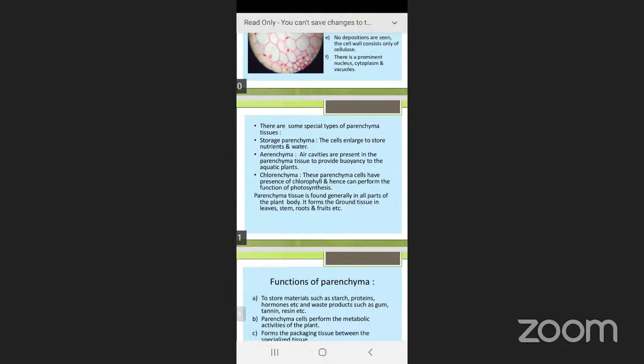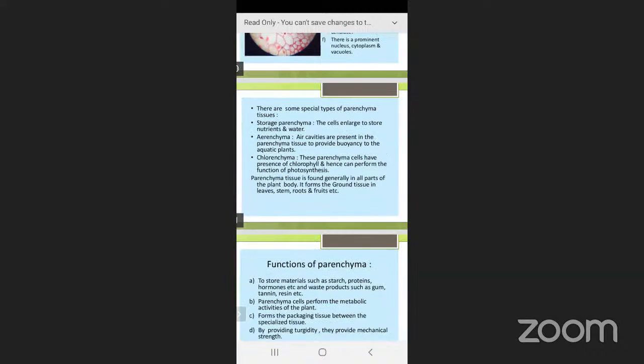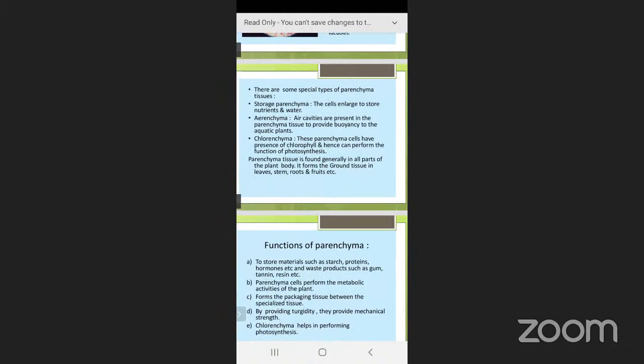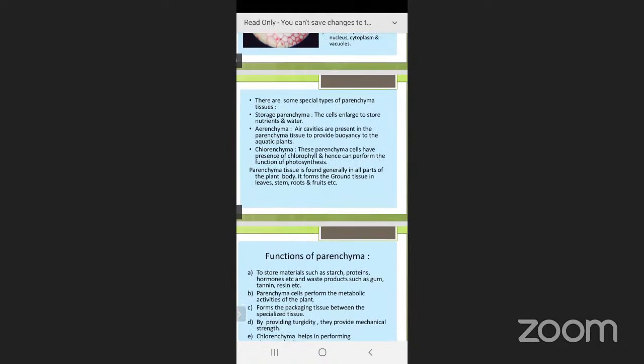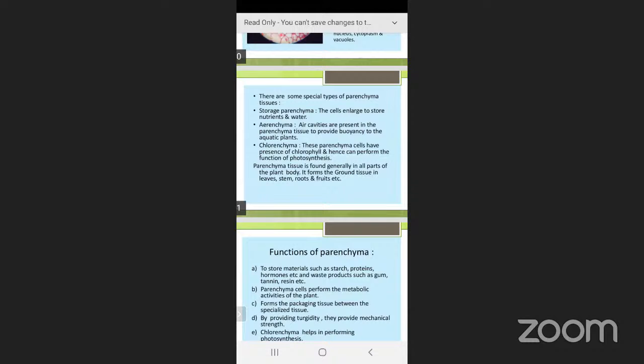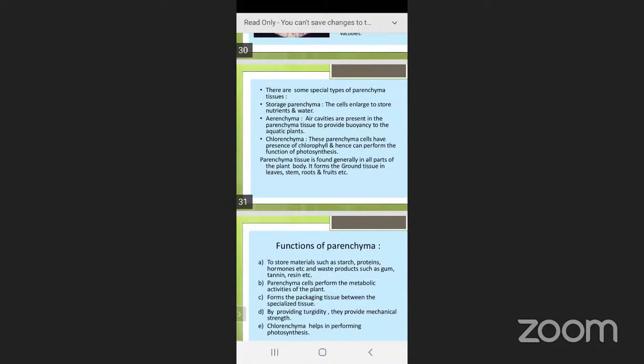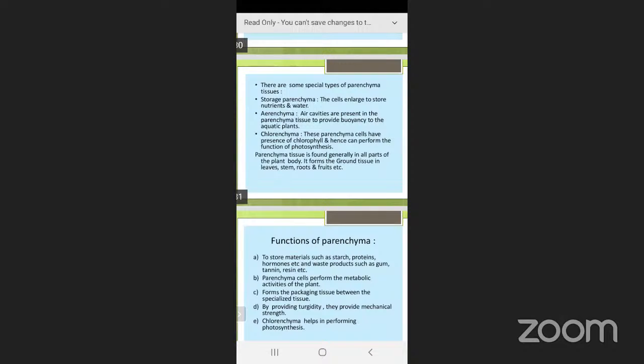There are some special types of parenchyma tissues. Storage parenchyma: the cells enlarge to store nutrients and water. In aerenchyma, air cavities are present in the tissue to provide buoyancy to aquatic plants.